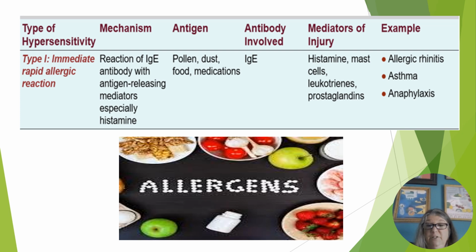The next time the patient is exposed to that specific allergen, it binds to the IgE antibodies attached to the mast cells. This causes the mast cell to degranulate, releasing histamine and other chemicals such as leukotrienes and prostaglandins that cause smooth muscle contraction, vasodilation, increased vascular permeability, bronchoconstriction, and edema.